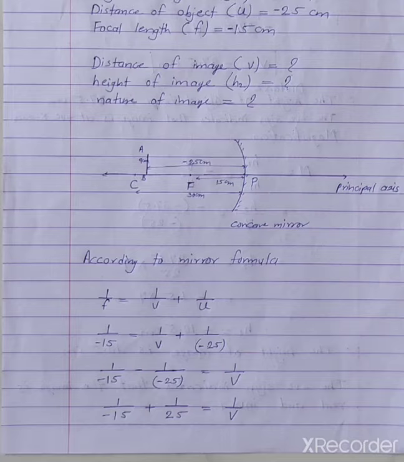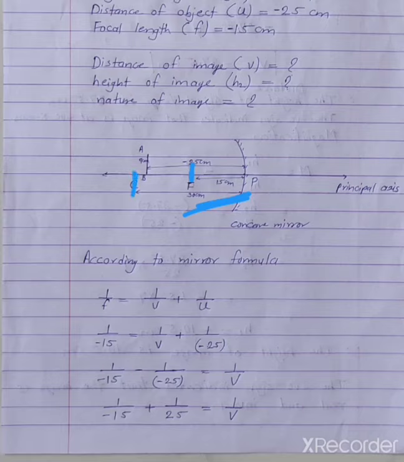From all these given data, here I construct one ray diagram. This is our principal axis, concave mirror. This is the principal focus, which is at 15 centimeter, because its focal length is 15 centimeter, and this is the center of curvature.